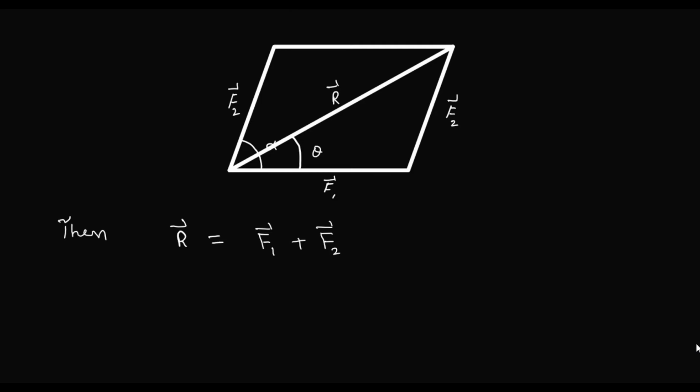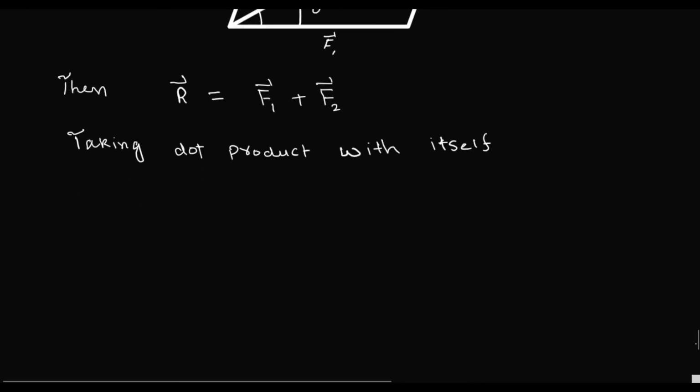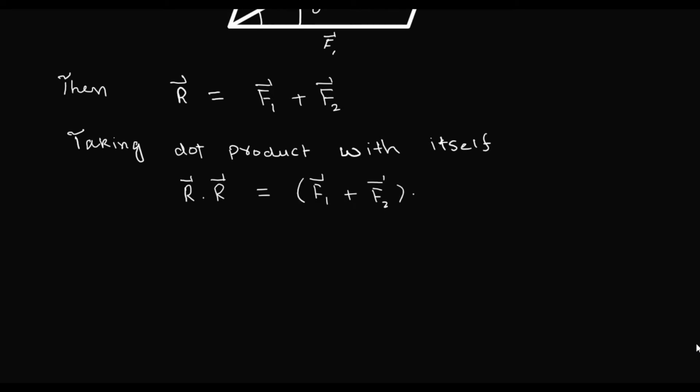Now we take the dot product of R equals F1 plus F2 with itself. R dot R is equal to F1 plus F2 dot F1 plus F2.